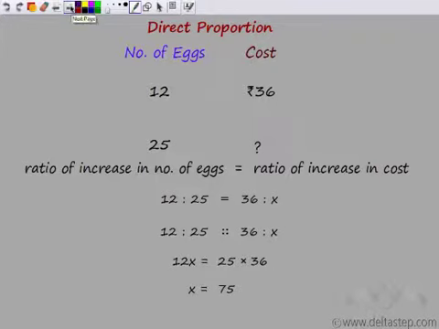Further, I saw that x turns out to be 75. This is what we had found through the unitary method, and again applying direct proportion we can easily find it, because we know that since the number of x and cost are in direct proportion, just write the proportionality, and from here using the product of means is equal to the product of extremes, you can find the value of x.